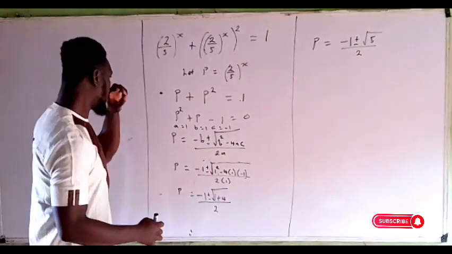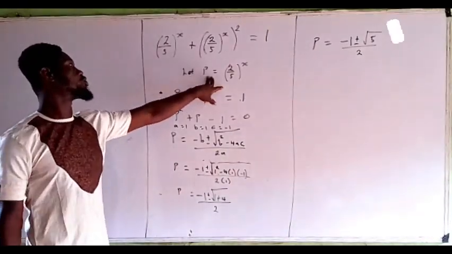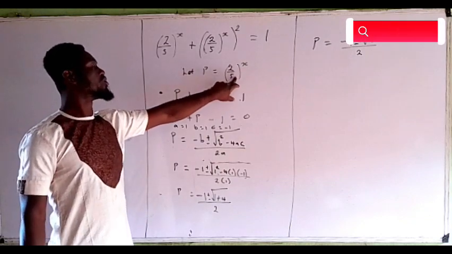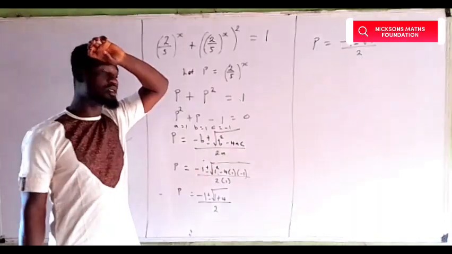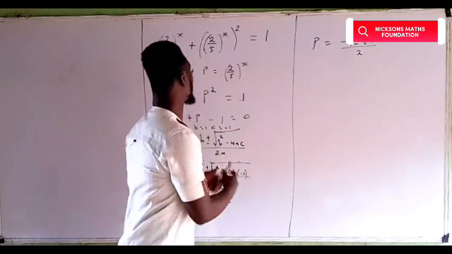Okay. But we know that we did something with p here. We said let p equal to 2 over 5 raised to power x. Okay. And this is the value of p. So now we can substitute back.